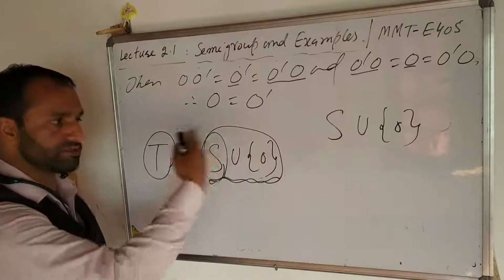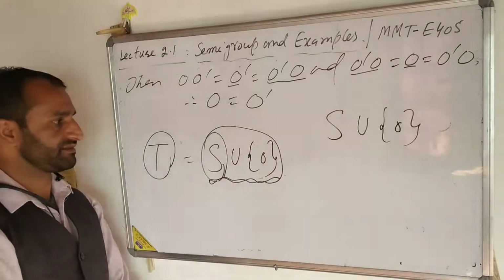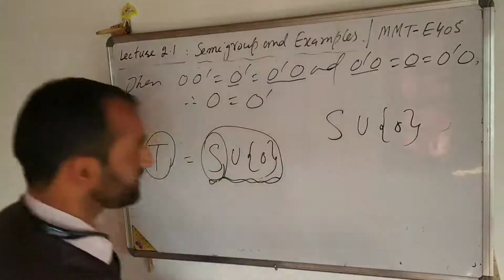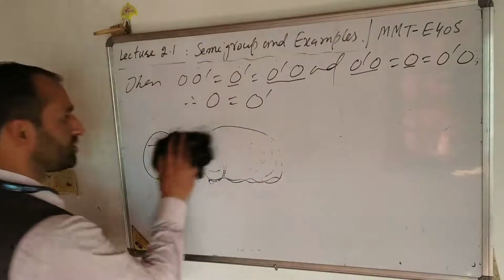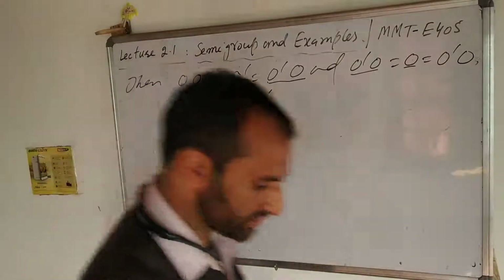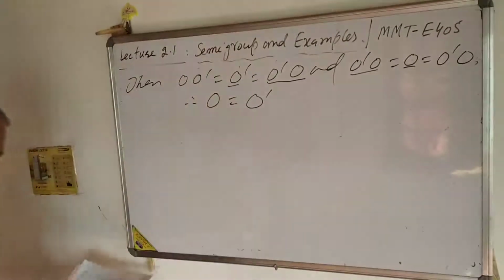It loses this property. So by adjoining an extra element 0 to a semigroup without 0, it may lose some crucial properties.